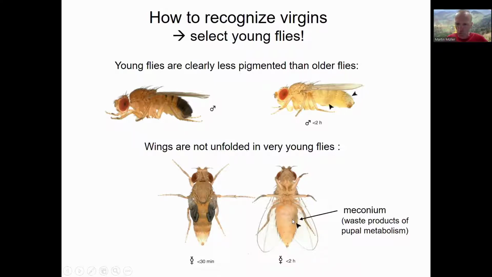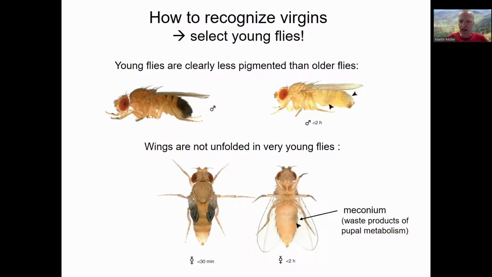So the waste products of pupal metabolism, they are dark, greenish, and as long as you can see this dark spot here on the side, then you can also assume that the female is still virgin.